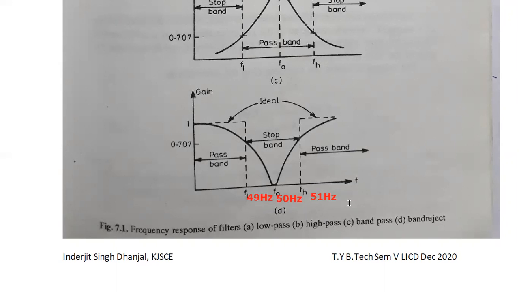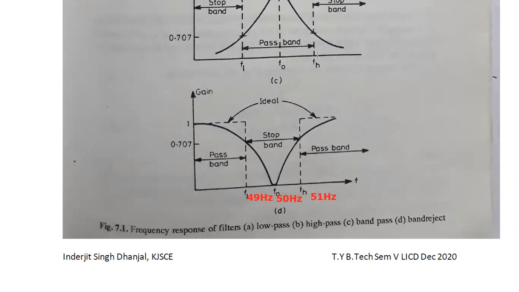For this type of filter, we use a band reject filter. It will reject the frequencies between fL and fH, whereas it will pass all the frequencies other than this range. So this band reject filter has two pass bands and one stop band. And we have this ideal response, and this is my actual response of a band reject filter.